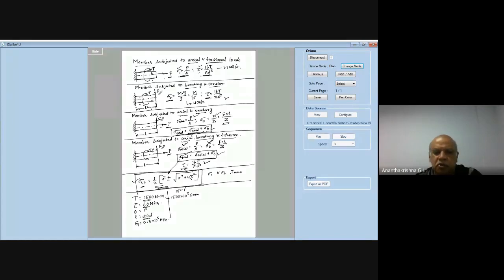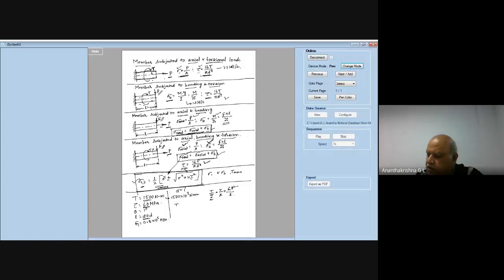So by pure torsion equation, what is the equation that we have got? T by J is equal to tau by R is equal to G theta by L. Using both angle of twist and the polar moment of inertia, we need to find out the diameter.